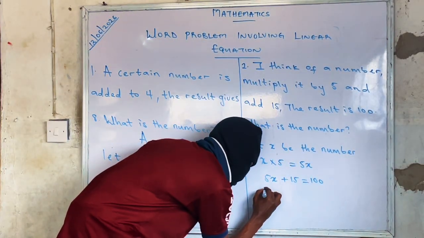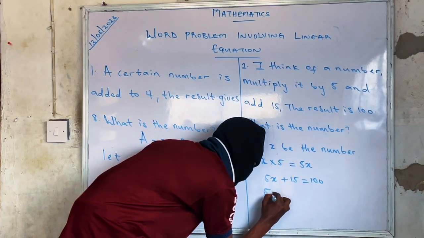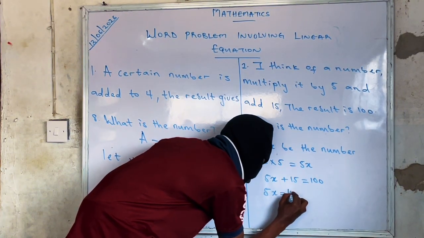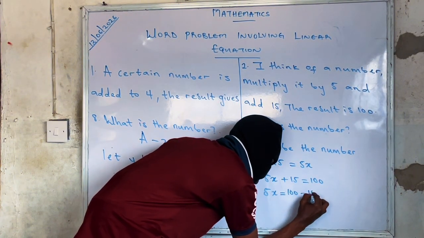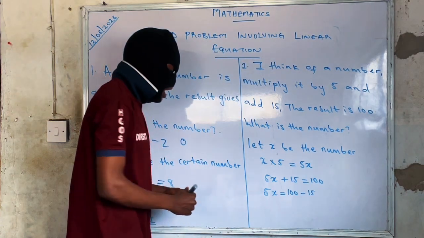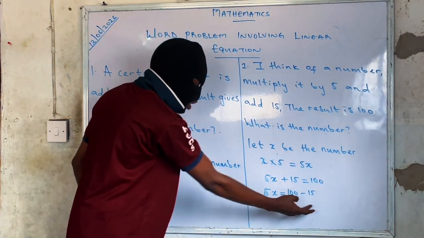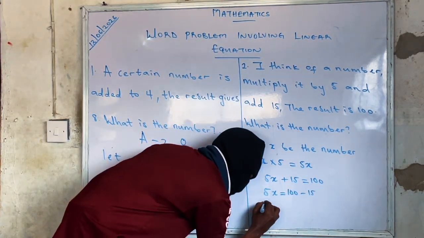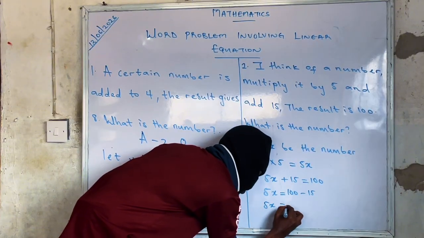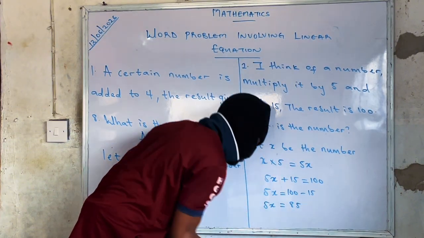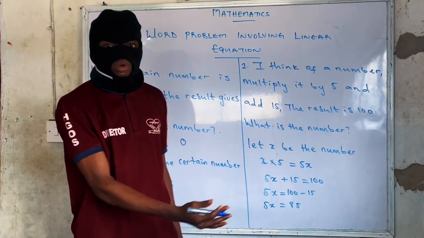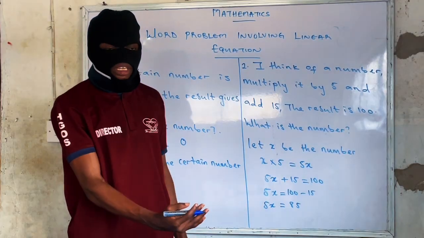Now we have 5x equals to 100 minus 15. Now 5x is equals to 85. What I'm going to do here is divide both sides by the coefficient of x.